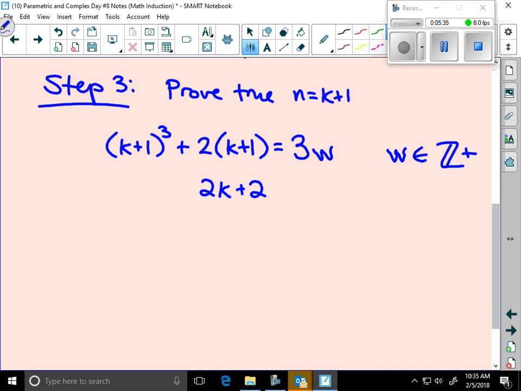So I see this piece is showing up from step 2. Expansion: k plus 1 cubed. I can use Pascal's triangle. Let's think about this for a moment. We'd have 1. What's in row 3? It's 1, 3, 3, 1. Let's see what we get. That'd be 1k cubed. That'd be 3k.